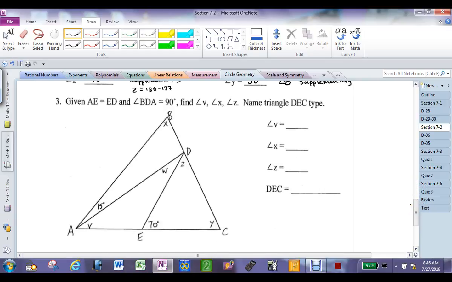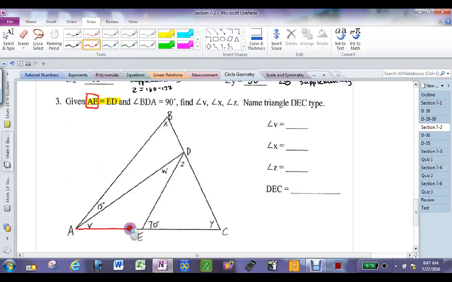Good? Everybody is good? You guys try this one. You've been given a lot of information, yeah? So what do I get to do as soon as I see given? What am I allowed to write in? Where is AE? Right here.